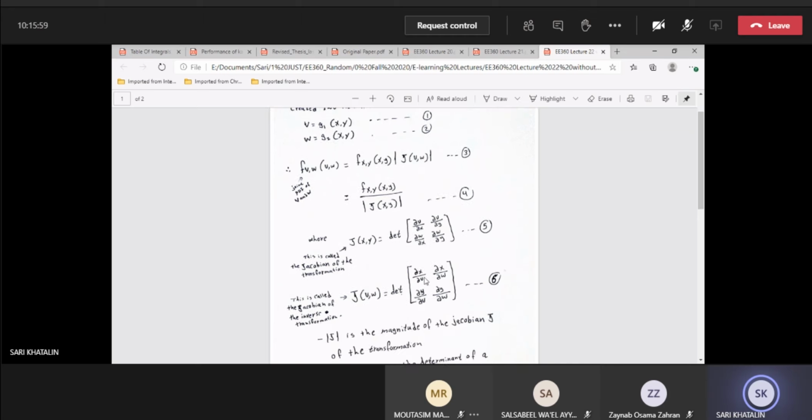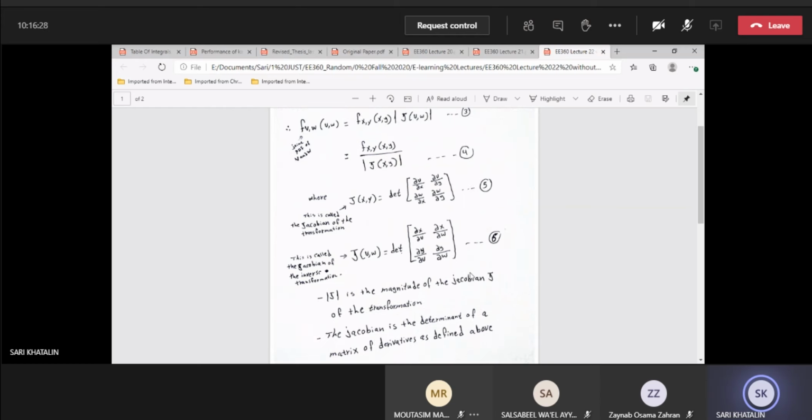You take the partial derivative of x with respect to v, the partial derivative of y with respect to v, and so on and so forth. Both approaches are valid, so it doesn't matter; use whichever is easier for you.